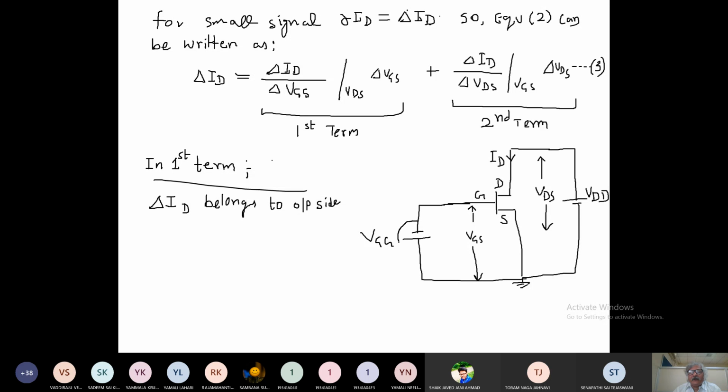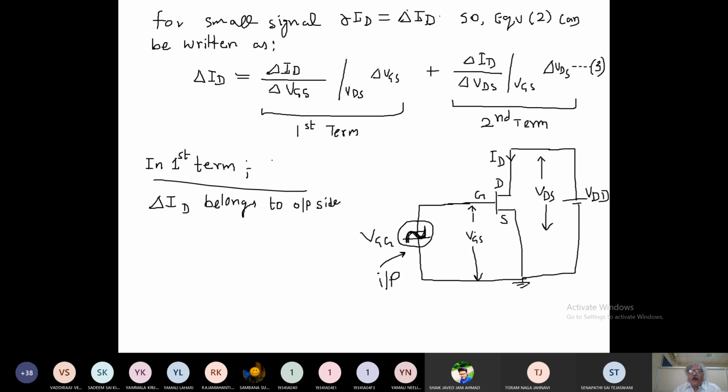We will connect the signal here, and this signal will serve as VGS. So this is our input signal which we want to amplify.